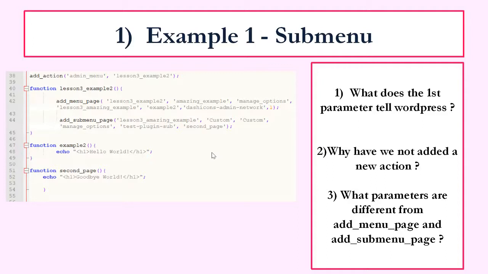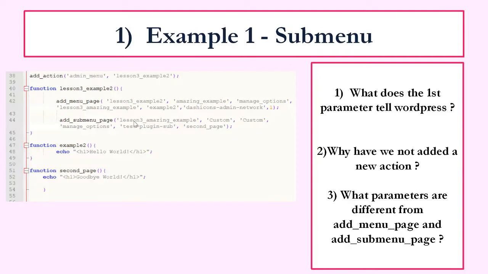Hopefully you've answered all the questions. Let's look at the first question. What does the first parameter tell WordPress? Well, the first one in add submenu page tells us what is the parent of this function. So what is the parent of this submenu?